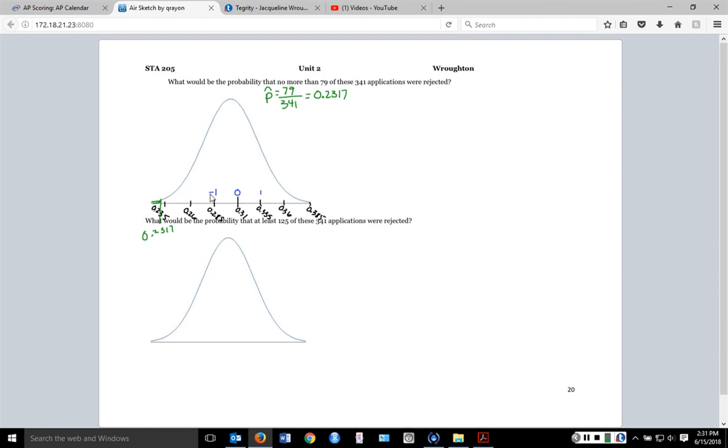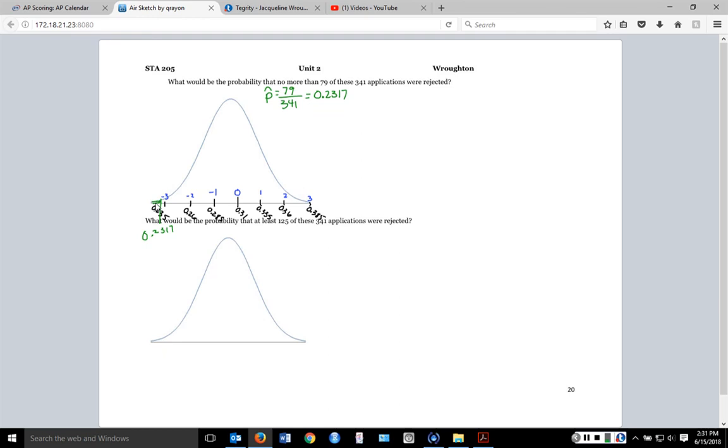This will be a -1 because it's one standard deviation below the mean. This would be -2. This would be -3. This would be +2. That would be +3. So what I can tell before I even do my math for my z-score is that I should get a z even smaller than -3.